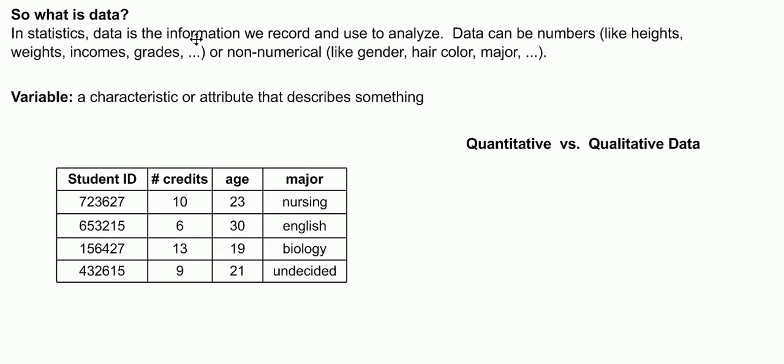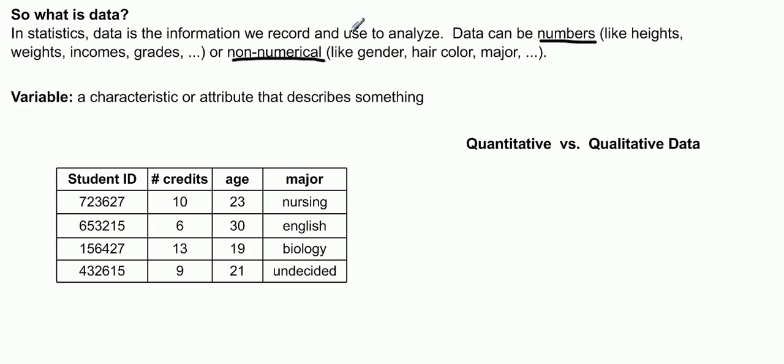Well, in statistics, data is the information we record and use to analyze. Okay, data can be things like numbers, right? Heights, weights, incomes, grades, or it can be non-numerical. Things like gender, hair color, major, all sorts of things.